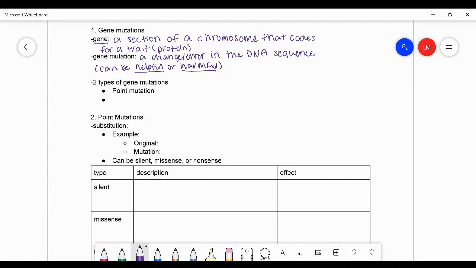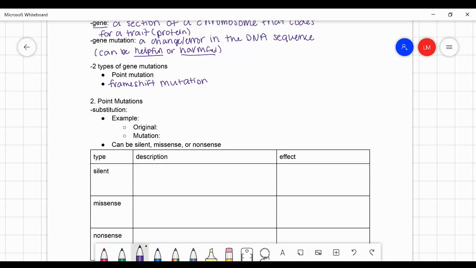There are two types of gene mutations. The first one is called a point mutation, and the second one is called a frame shift mutation. So we'll talk about point mutations first and then move on to the frame shift mutation.